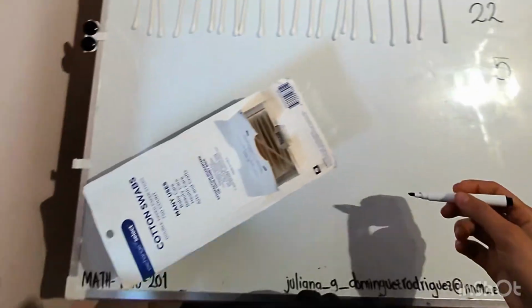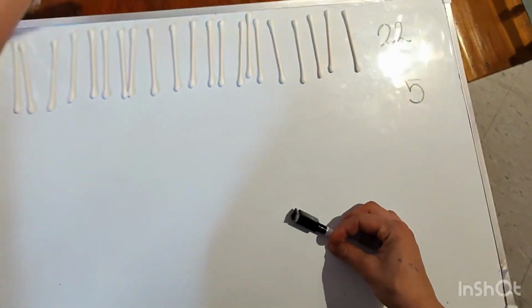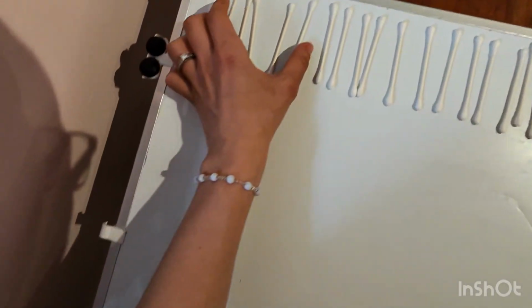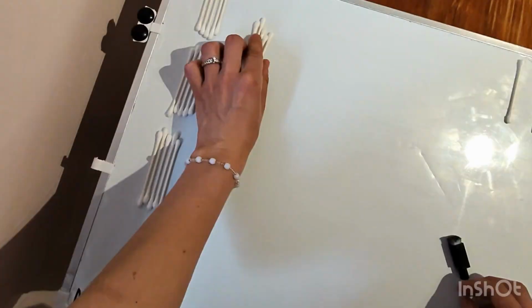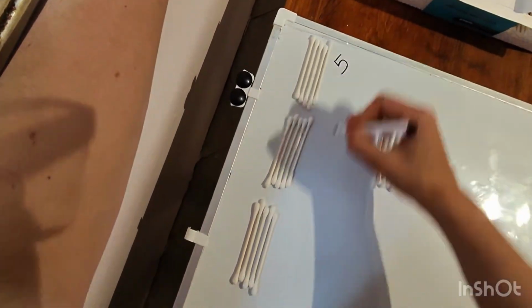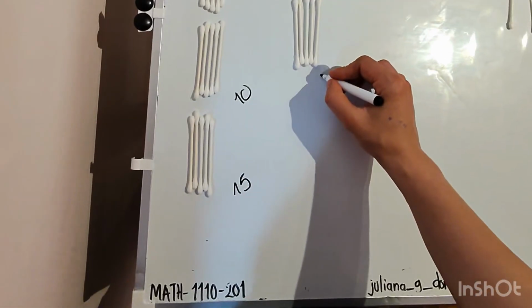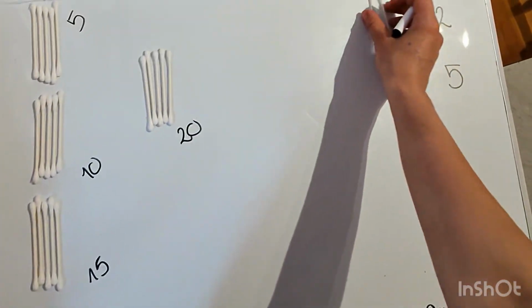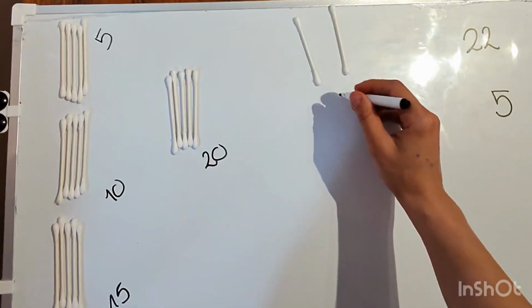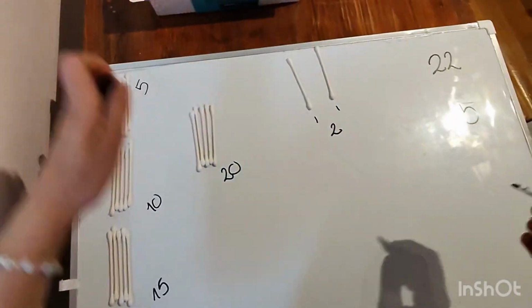So let's see how many groups of 5 we can make with 22 cotton swabs. Let's count them. This would be 5, 10, 15, 20, and our 2 remainders.